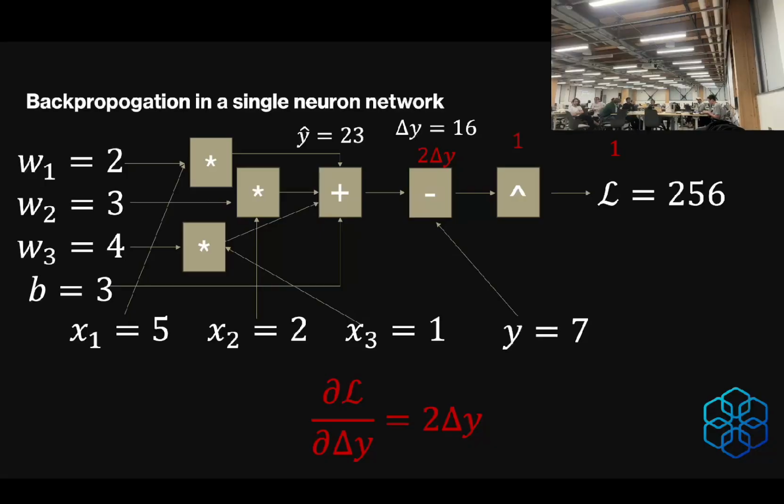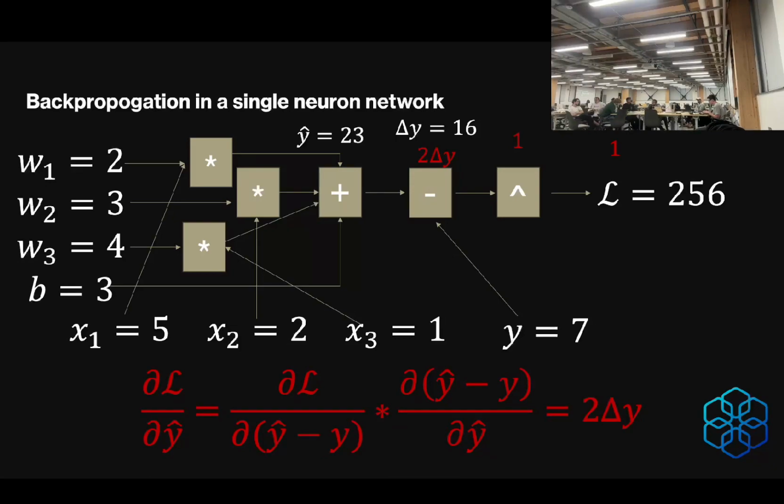And here is how we can formulate that as well. We just take the loss of y hat minus y, which is just our delta y, and then we multiply it by the derivative of y hat minus y with respect to y hat. So the derivative of the loss with respect to y hat minus y is going to be 2 delta y. We don't need to compute that, we already stored it in the chain.